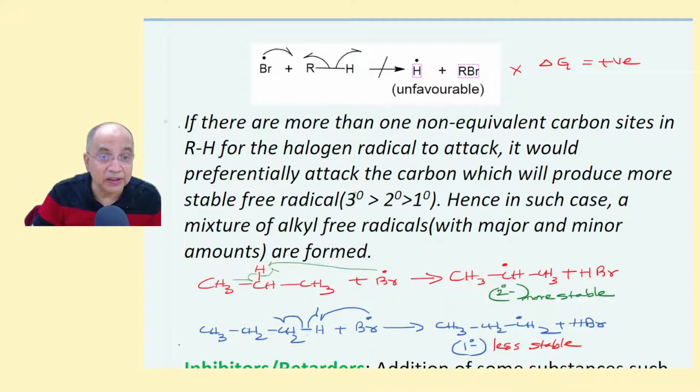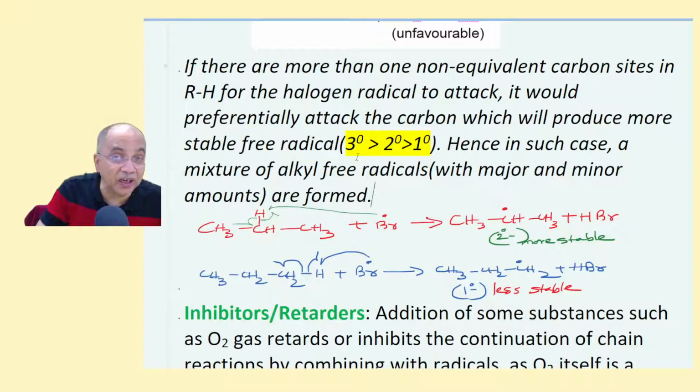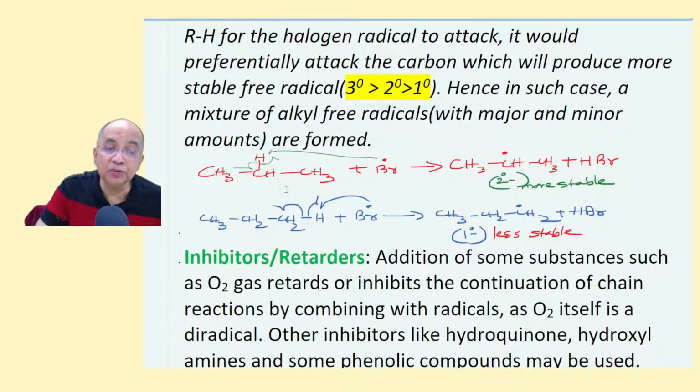And you know the order is 3 degree carbon is most reactive, followed by 2 degree, followed by 1 degree. It is because the resulting carbon free radical will be more stable. If it is a 3 degree free radical, more stable. 2 degree, less stable, but more stable than 1 degree. 1 degree, least stable.